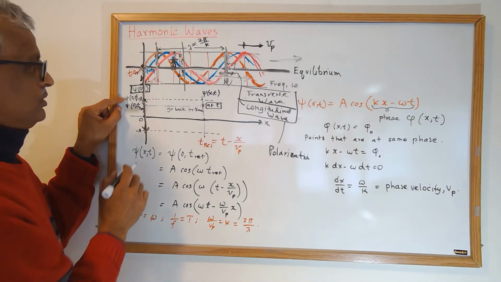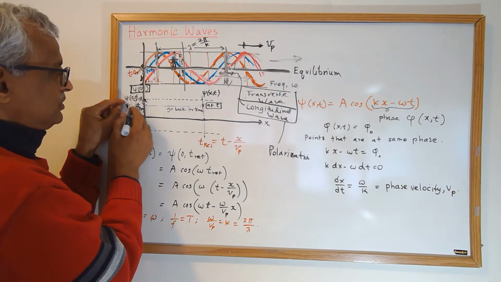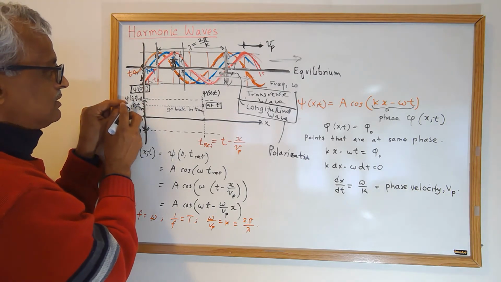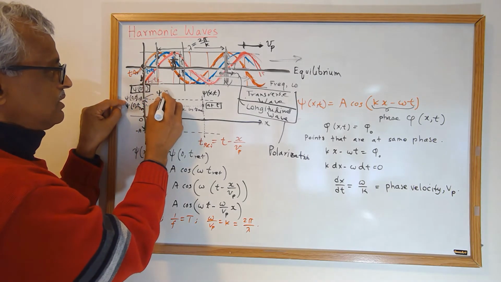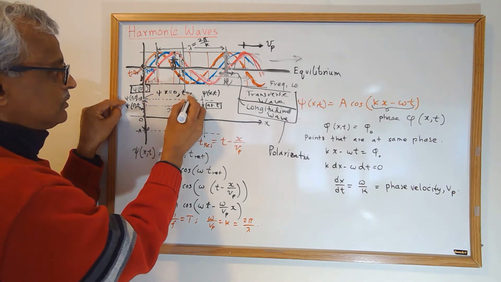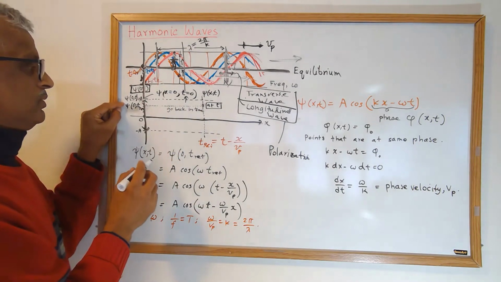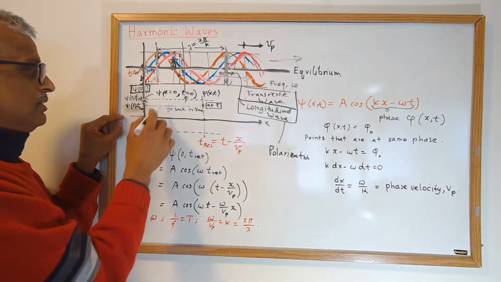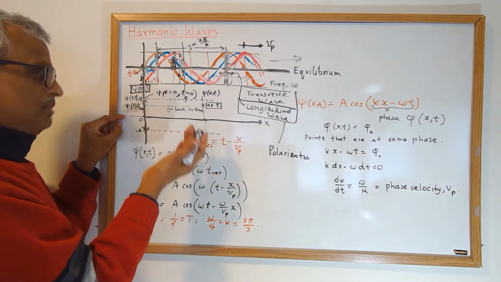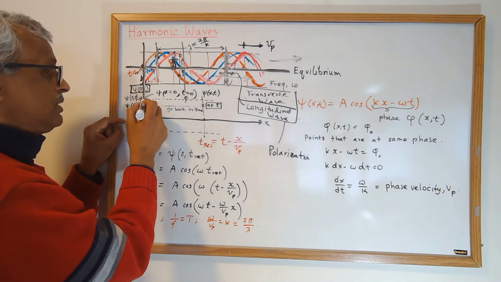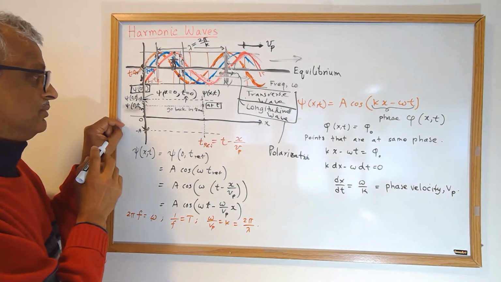We can choose time 0 so that it's at this place. That will be psi 0 at 0, psi at x equal to 0 and t equal to 0. That kind of says where my t equal to 0 is, where my x equal to 0 is, right? So the choice of this, for simplicity, for instance, we can say let's look at a wave that's A over here.